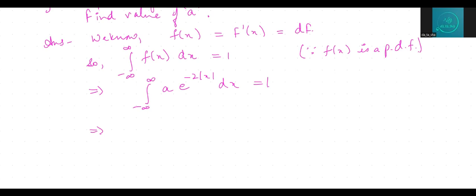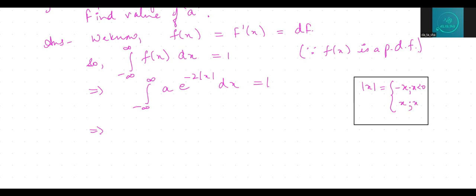It would be less than 0 and greater than 0. Whenever x is less than 0, mod x is minus x, and it is positive x whenever x is greater than or equal to 0, equal to 0 whenever x is equal to 0.